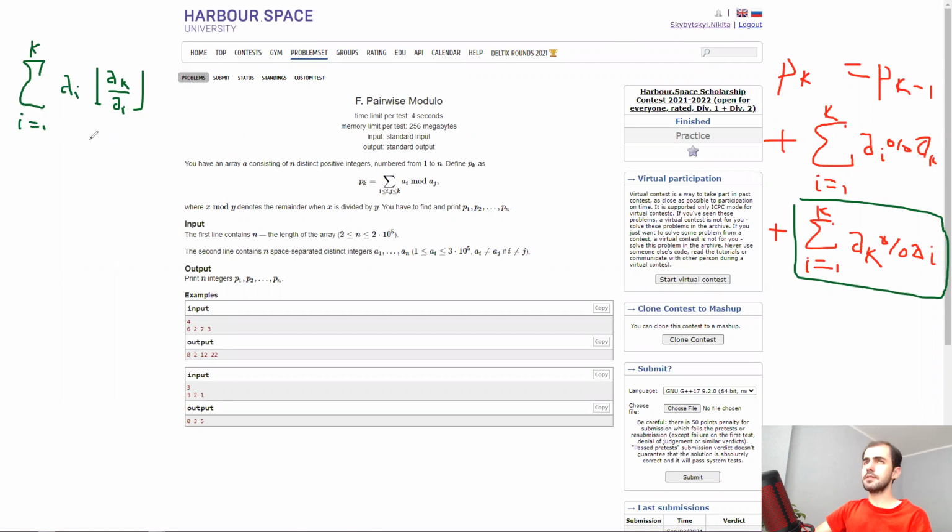And that is not that easy. But if you think for a little bit, you still want to group by something. So when you come to AK, you want to know what that value is.